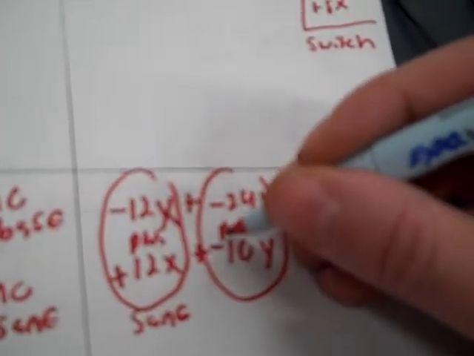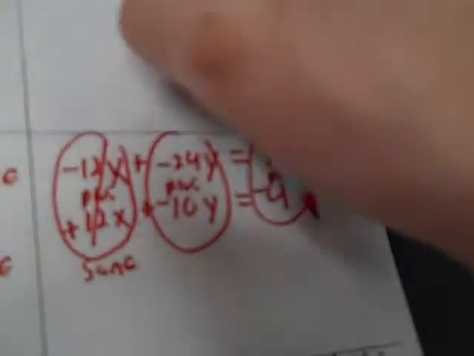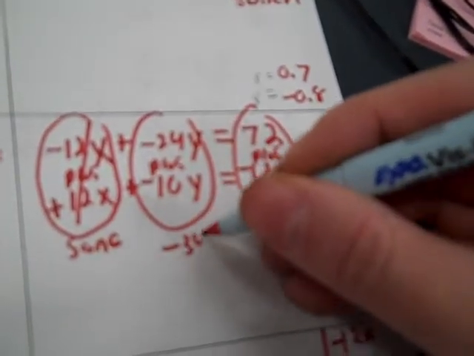Okay, so I plus, and plus. Okay, so negative 12 plus 12 is 0, so we can get rid of that. Negative 24 plus negative 10 is negative 34 with y, means negative 34 times y.